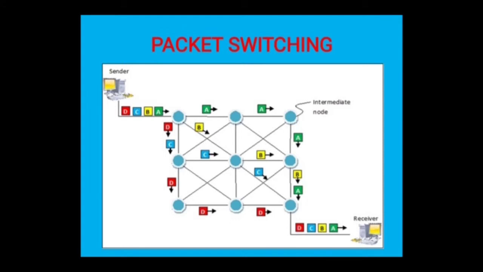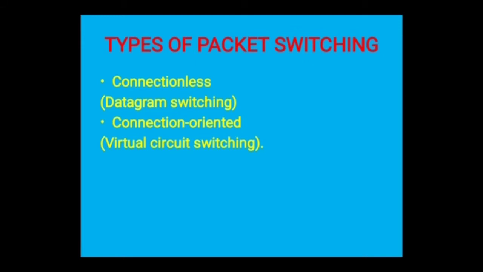So it is an example. You can see the diagrammatic representation of the packet switching here. Now, the important part is the types of packet switching. There are two types of packet switching. One is datagram switching and another one is virtual circuit switching. Datagram switching is nothing but a packet switching in which my data is divided into small packets.